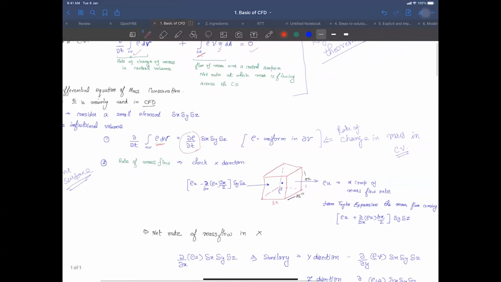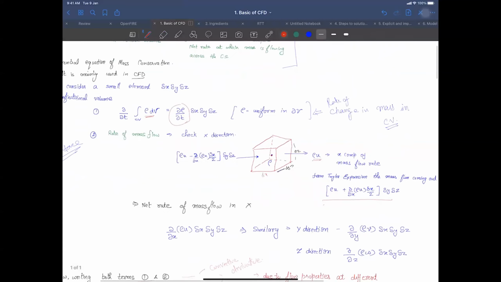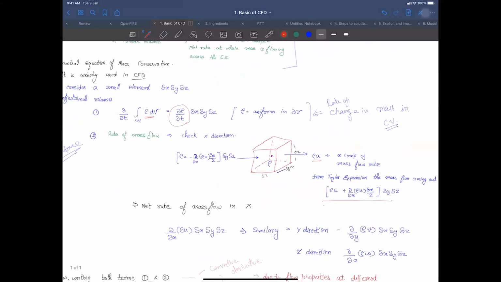And the rate of mass because of the flow is rho u, and let's say in the center it is rho u. So let's use the Taylor expansion. Let's say this direction is positive and the other is the negative x direction. The change in convective mass is rho u, d over dx, at delta x by 2.